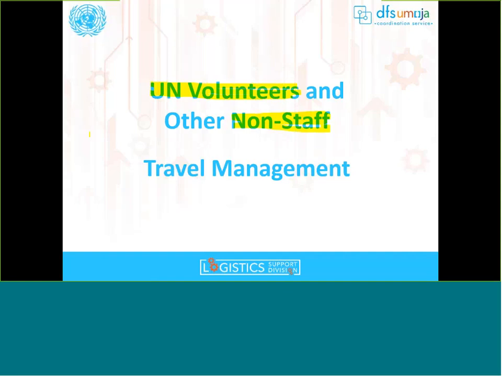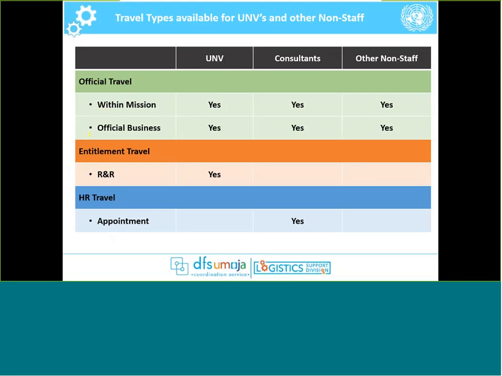As part of this implementation, we went live on the 15th of June with the travel module for other traveler categories. Before the 15th of June, the only category using the travel module in Umoja was international staff.